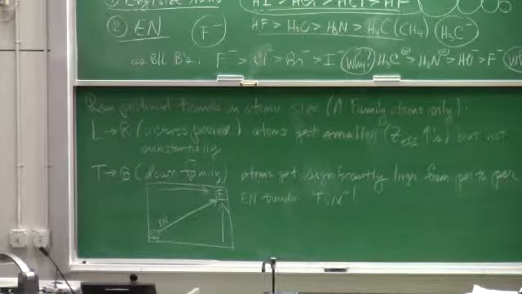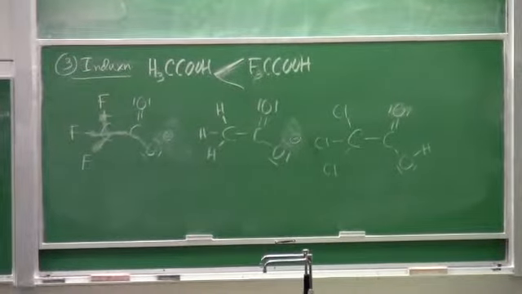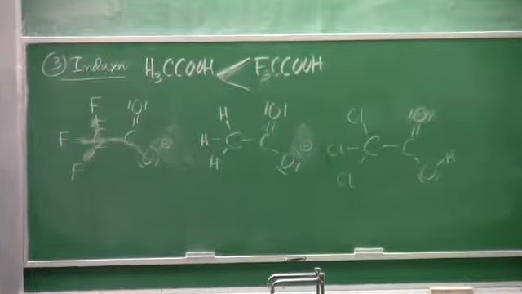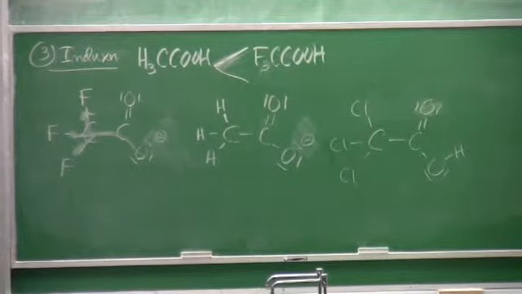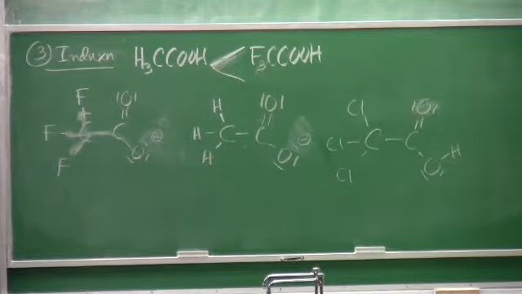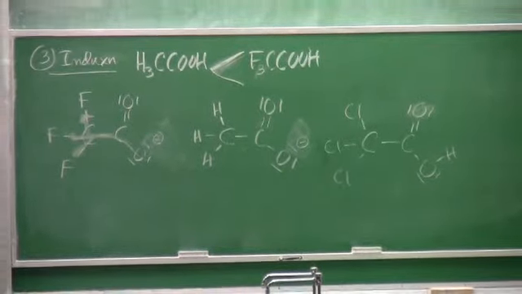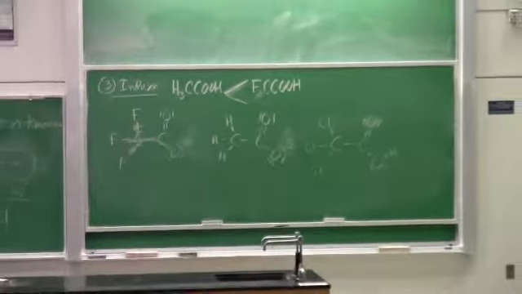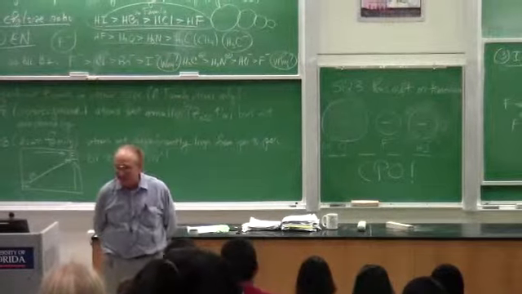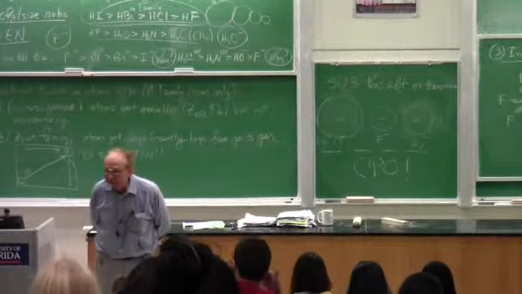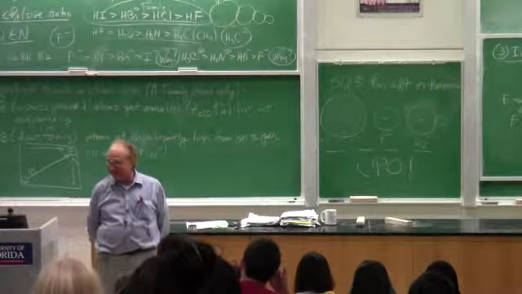So, there's trichloroacetic acid. Compared to acetic acid itself and trifluoroacetic acid, tell me how the strength of trichloroacetic acid compares. Stronger than acetic, but weaker than trifluoroacetic. How about that? Because chlorine is a good deal more electronegative than hydrogen, but not nearly as electronegative as fluorine.